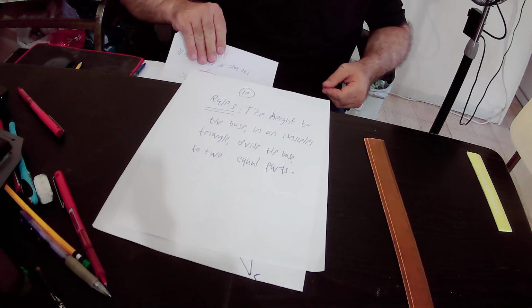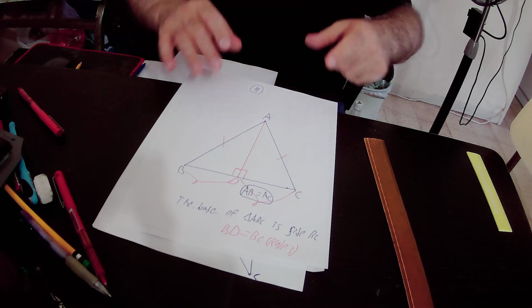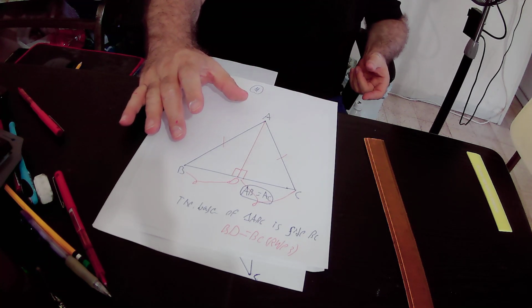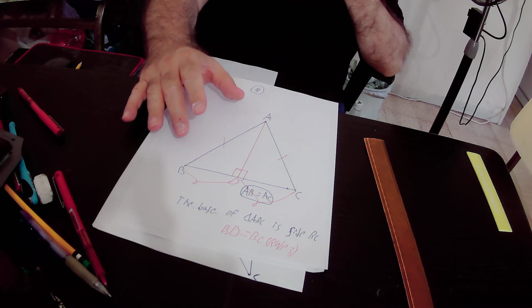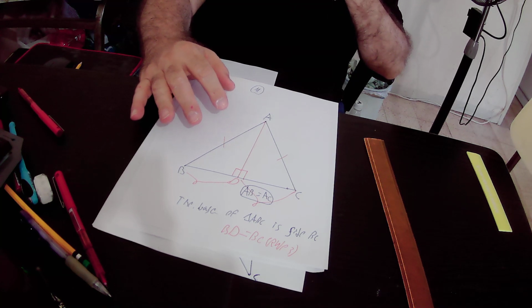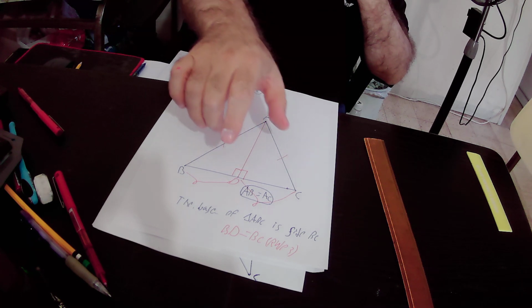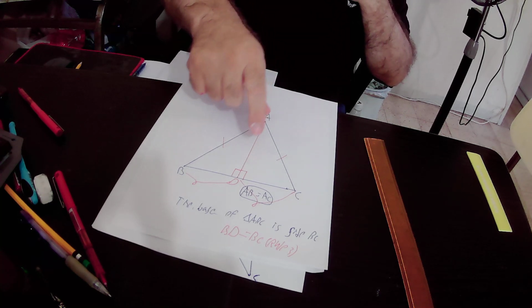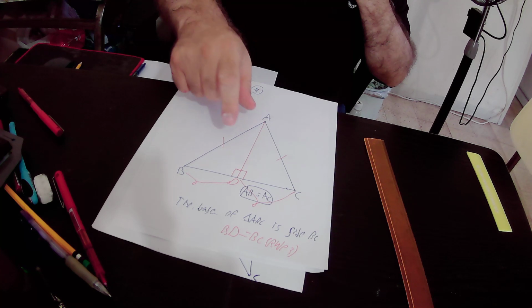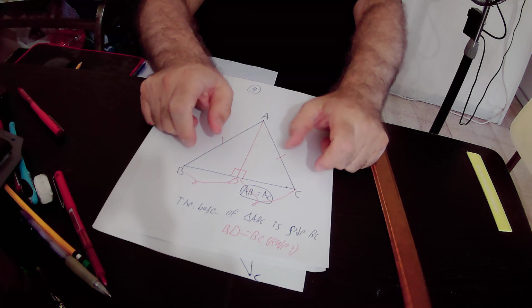So rule number 3 states that if you have an isosceles triangle, triangle ABC, that is to say AB equals AC, then if you draw a perpendicular from point A to the base BC, then that perpendicular AD divides the base BC into two equal parts. That is to say BD equals DC.